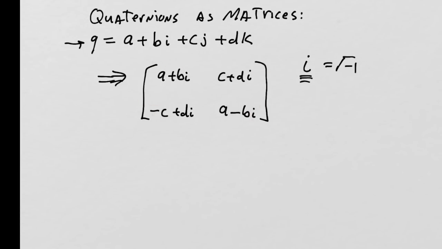Now, this is the leap that you have to get. J and K are critical for the definition of the quaternions. They don't even make sense without J and K. But if I take away J and K and create these 4 regular complex numbers in this matrix, I can associate this matrix with Q. So the quaternion can be thought of as this 2x2 matrix with complex entries, or as this guy with 2 extra basis vectors.